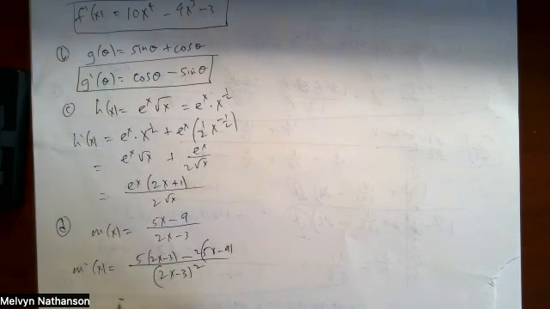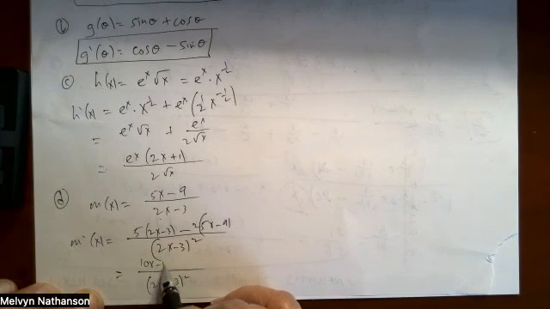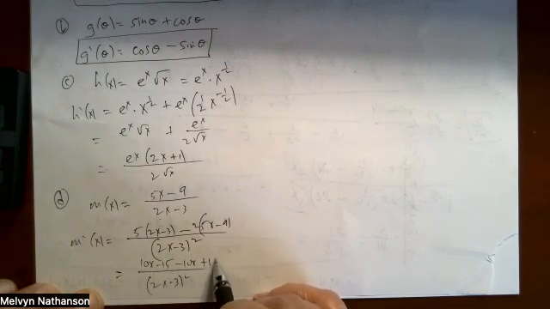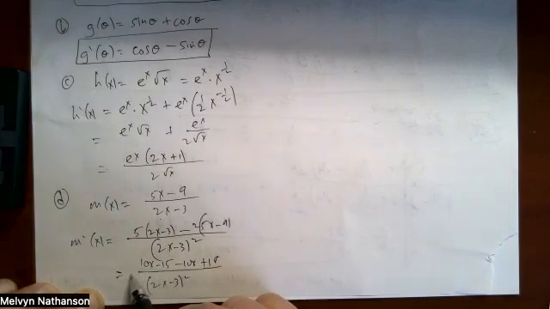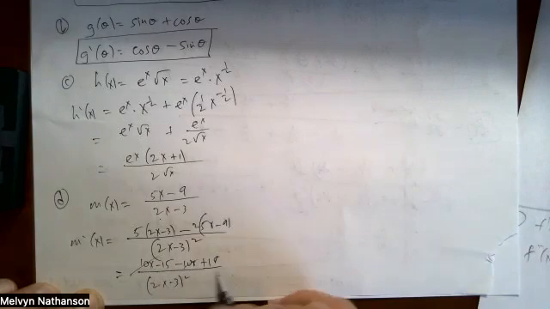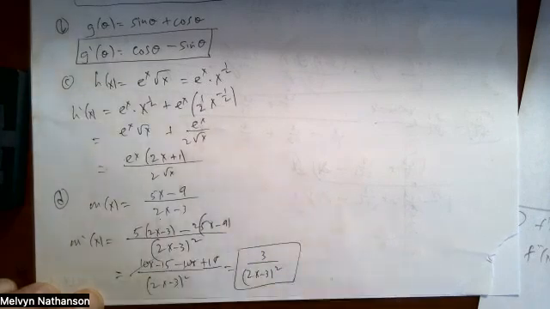So if you expand this, you get over 2x minus 3 squared, 10x minus 15 minus 10x plus 18. And the 10x's cancel, and 18 minus 15 is 3. So this is just 3 over 2x minus 3 squared.